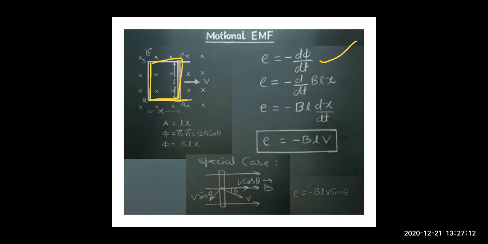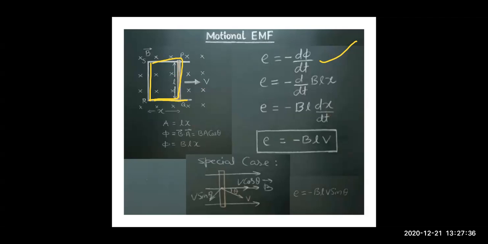Then where will its area vector be, beta? Towards the back, perpendicular inwards. And the direction of magnetic field B is also the same, it is perpendicularly inwards. So the angle between B and A is 0 and cos 0 is 1.